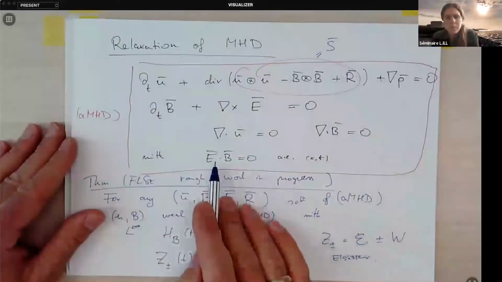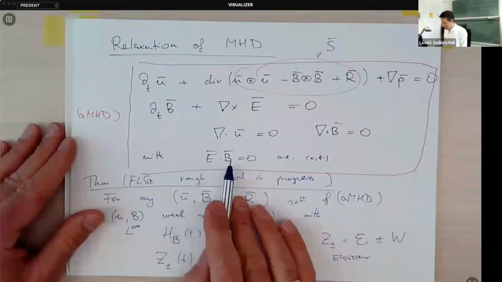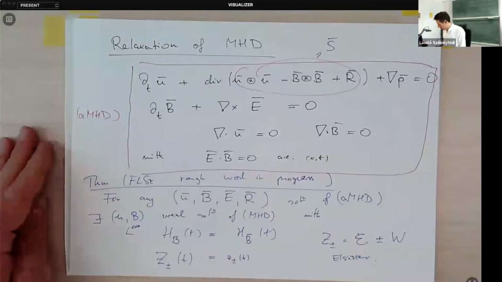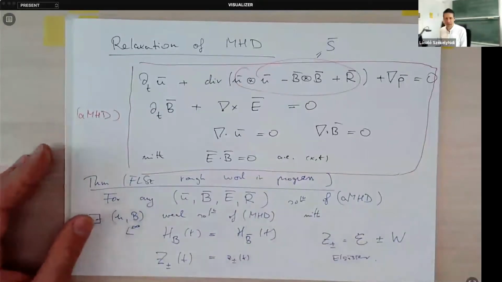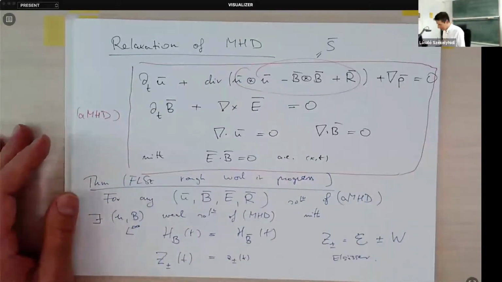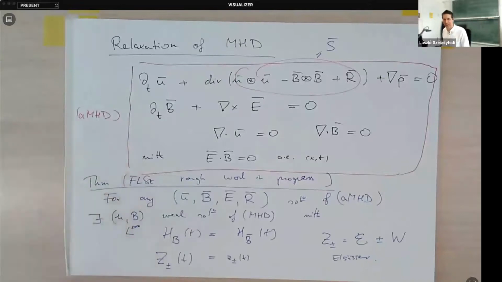But we still have this nonlinear constraint. Because of this nonlinear constraint, we are forced to choose what are called Clebsch variables. There are some tricks there, but I cannot explain it so quickly, and it has nothing to do with Beltrami flows.